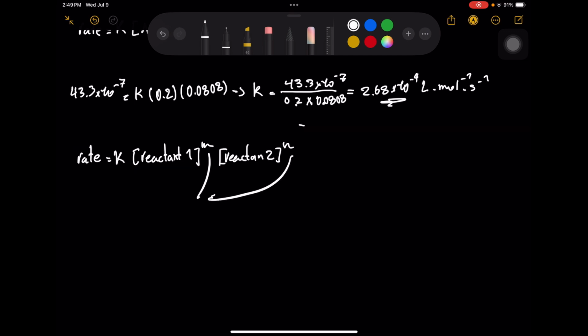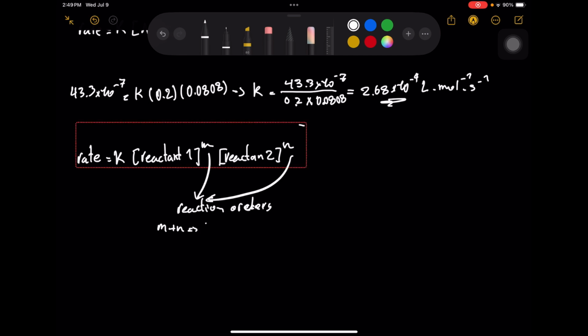So m and n are the reaction orders, and m plus n is the overall reaction order.